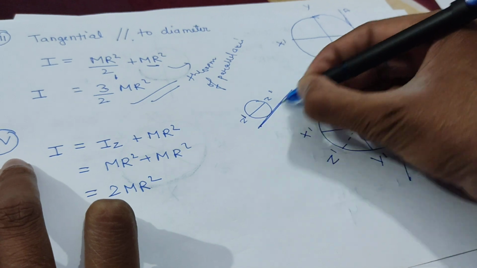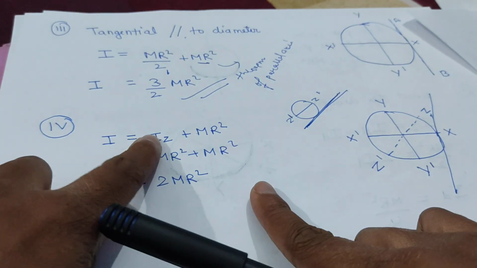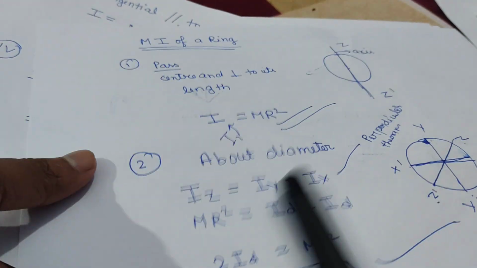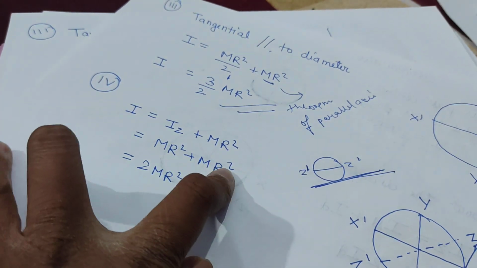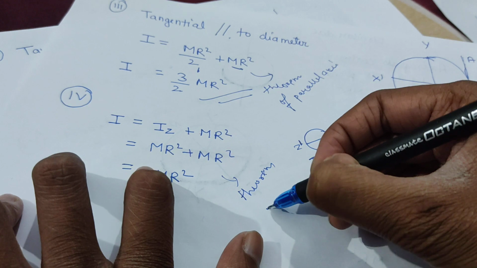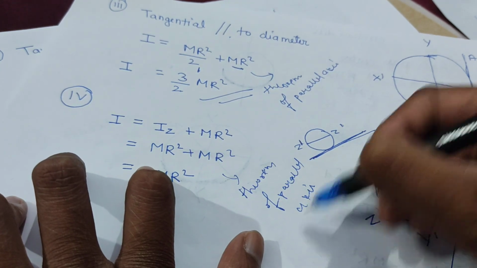So it would be this, and it has Iz plus mr square. We had Iz as mr square here, so we add mr square and mr square. Here the theorem applied is the theorem of parallel axis.